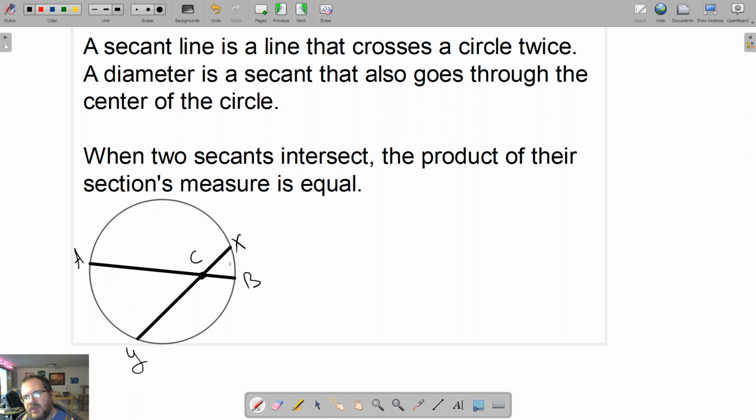So when AB intersects XY, because they're both part of the same circle, it breaks it into four individual line segments.